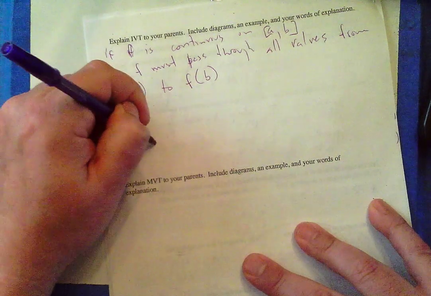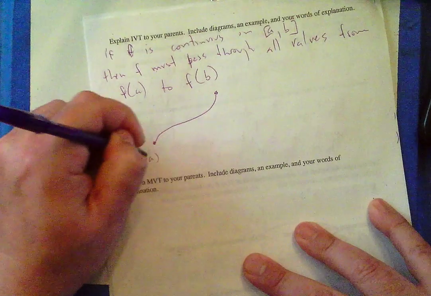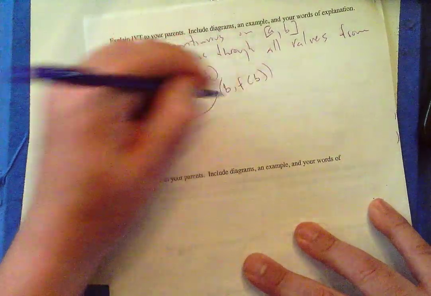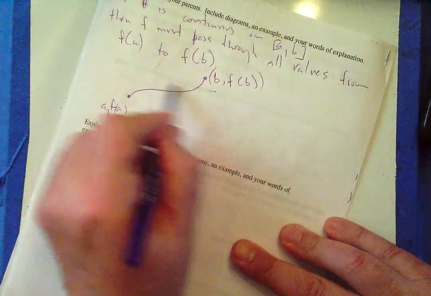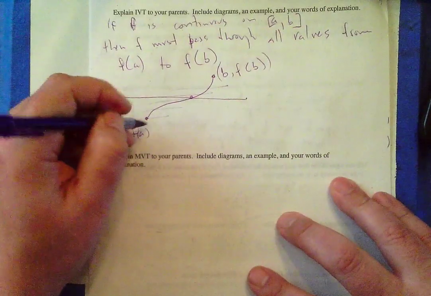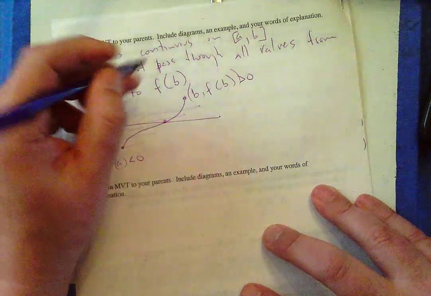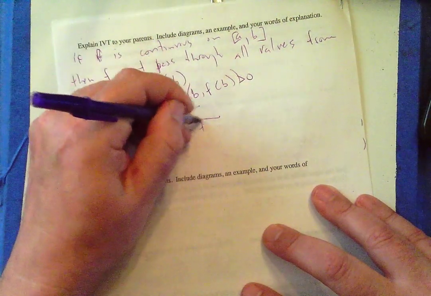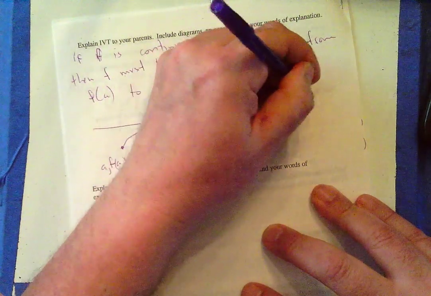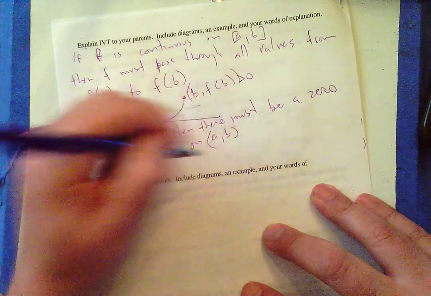So a, f of a, b, f of b. We're going to pass through all these y values, and this is most often used to say, hey, if this is less than 0 and this is greater than 0, then there must be a 0 or x-intercept on the interval from a to b.